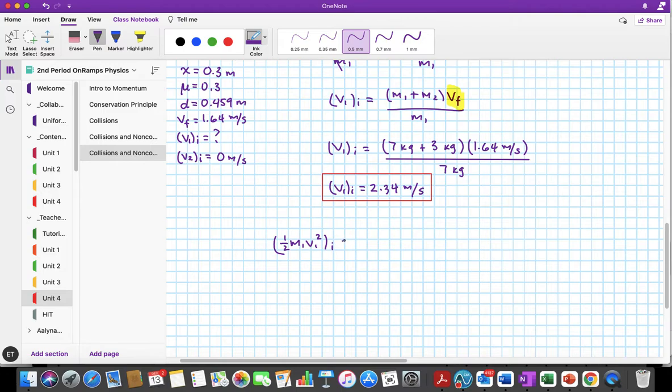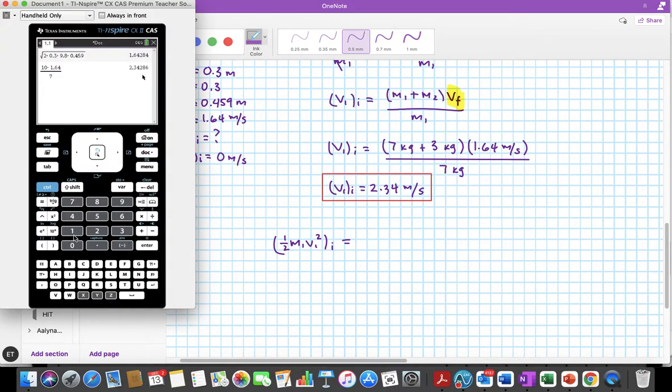We're doing this just for fun, because if we were to get the same kinetic energy, we did something wrong. Mass 1 is 7 kilograms times the initial velocity, which is 2.34 squared.